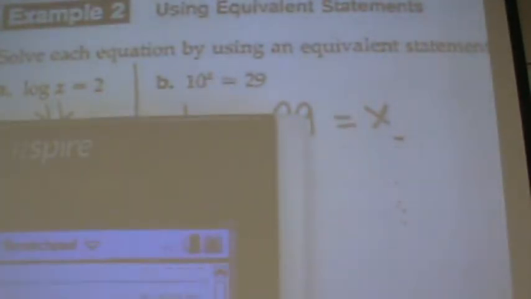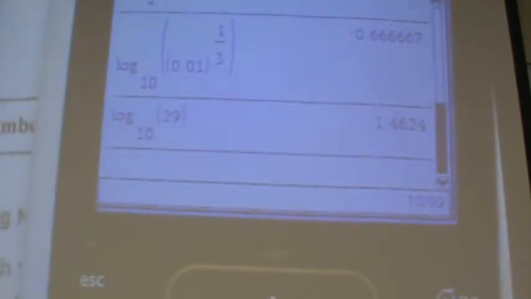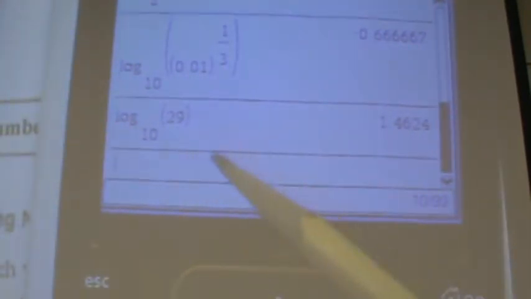But I want you to hit second log, and then I think you could just type in 29. And did you get 1.4624? Now, I did not type in 10, it typed it in for me. Try the next ones.